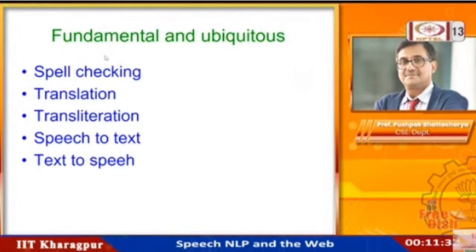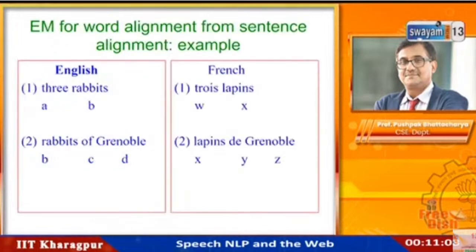Suppose you are doing dubbing in the movie, just now I gave this example. Dubbing in the movie, then the frame to text alignment will have to be done. So alignment is so important. Spell checking, translation, transliteration, speech to text, everywhere it comes as a task.